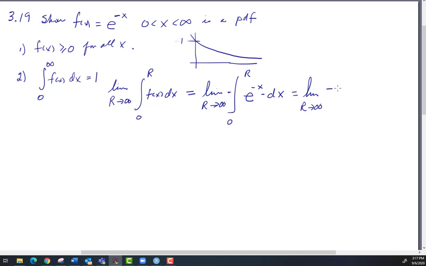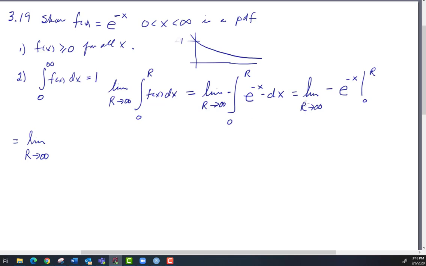And then the integral now would be, this is the minus that we've got outside, but here I'd have just e to the u du, so the integral would be e to the u, and u is minus x, between 0 and r, and that's equal to the limit r to infinity.